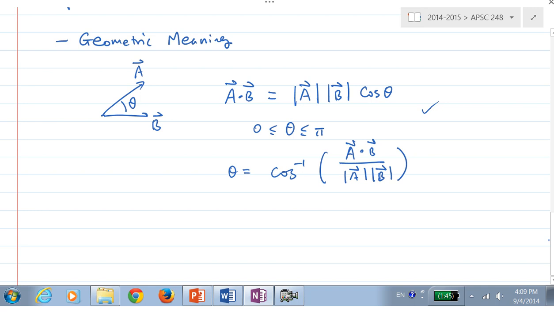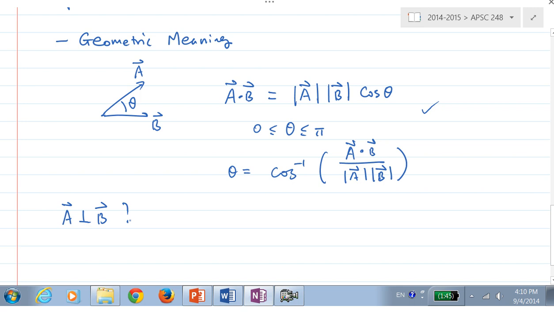The important aspect here is this. Many times what we're interested in is the geometrical relationship between A and B. Are they perpendicular to each other or not? There's always a very important question: is A perpendicular to B? How do we determine that relationship?